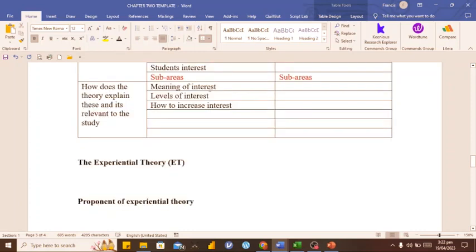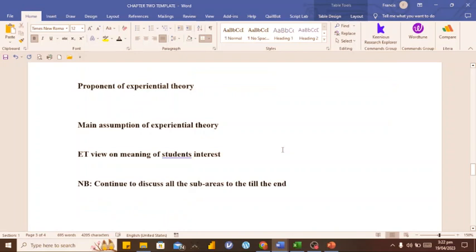So I will talk about the experiential theory, their view on meaning of student interest. Then you come to their view of how to increase student interest. So you discuss all these in the light of what? Your theory, what the theory is saying about this. So you continue to discuss all these to the end. So that is how we do theoretical review. This is how we do that.